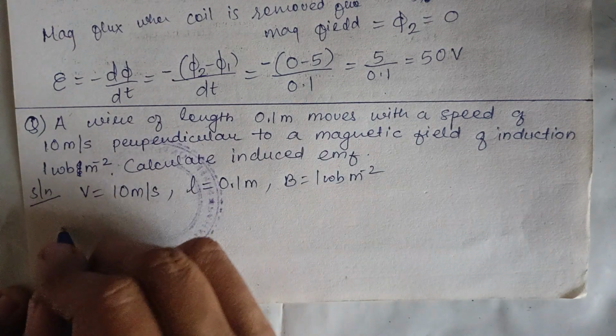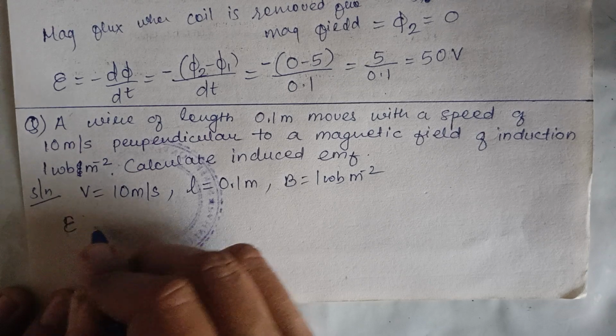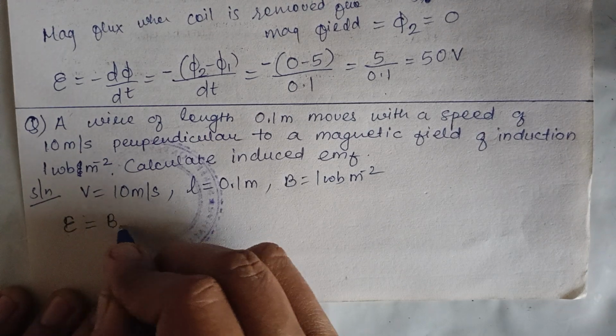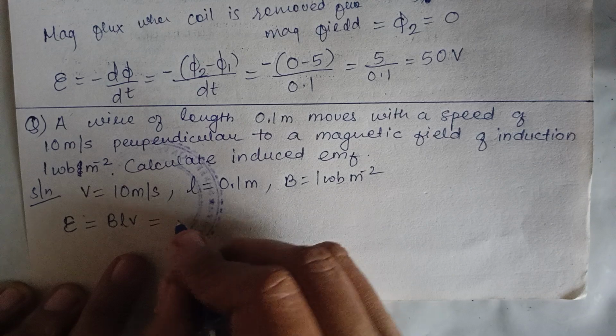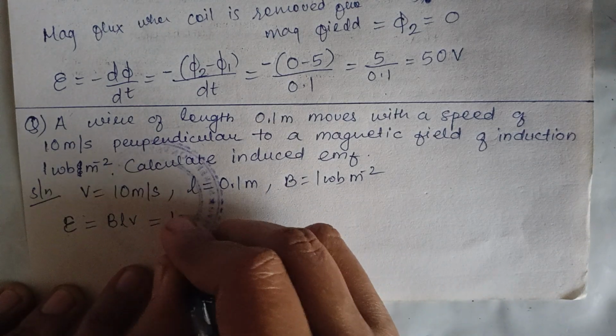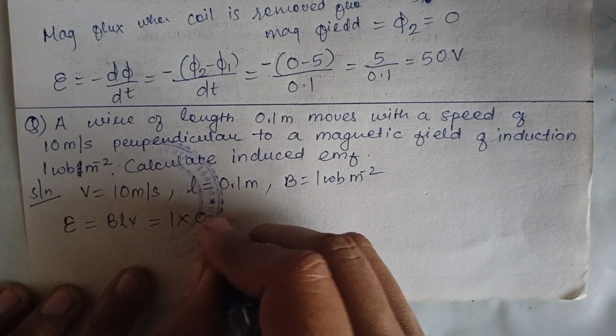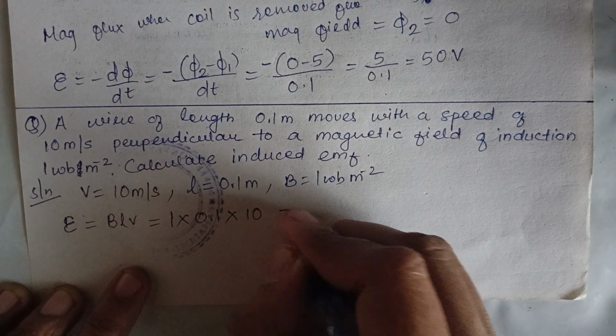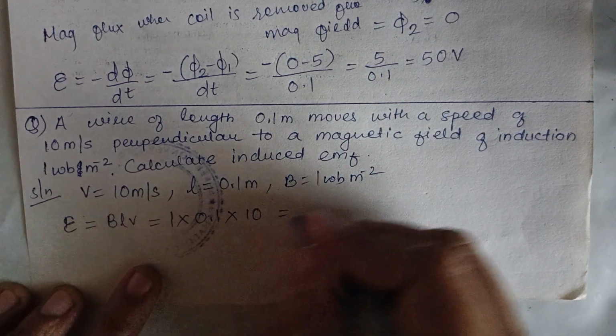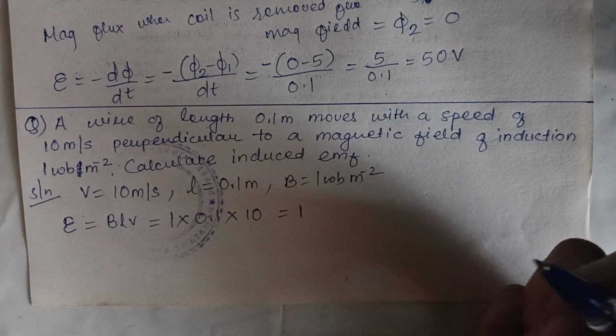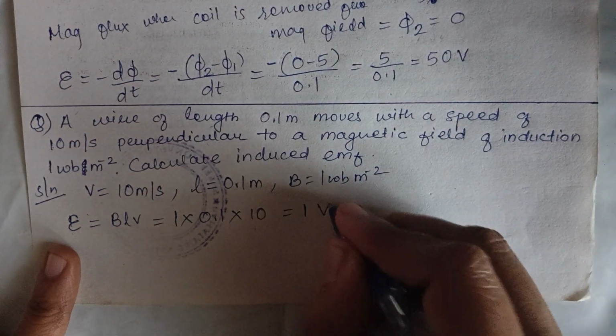So we have to make use of the formula EMF equal to B L V, right? B is 1, L 0.1 and V 10. So this is 1 volt, the EMF induced.